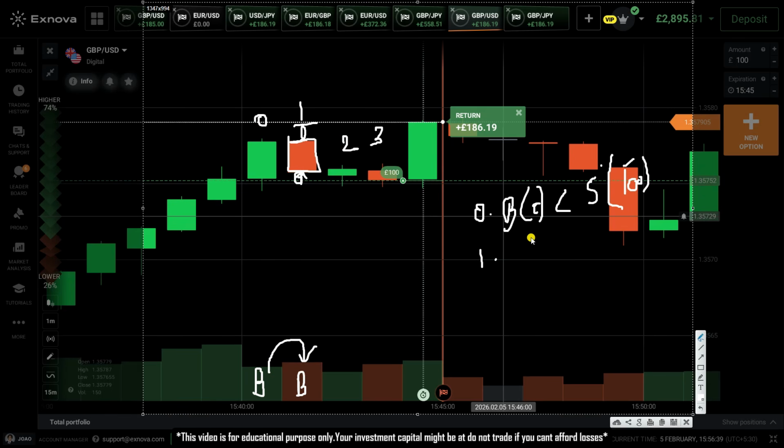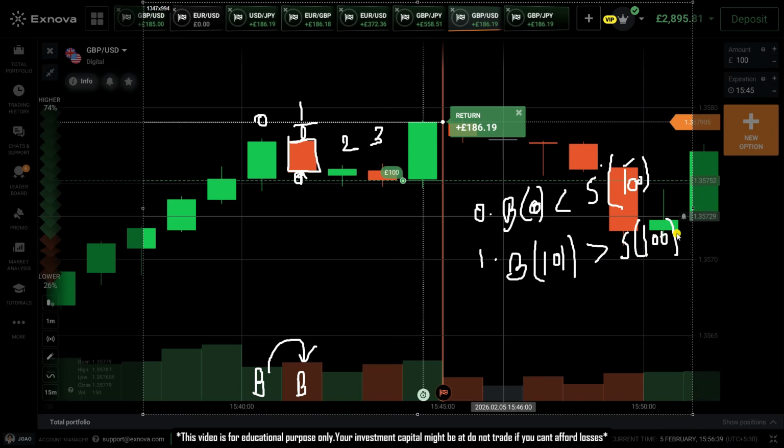So this means here 0 buyers turn to 101 buyers, which means buyers are more than sellers. That's all. The sellers are 100, buyers are 101.